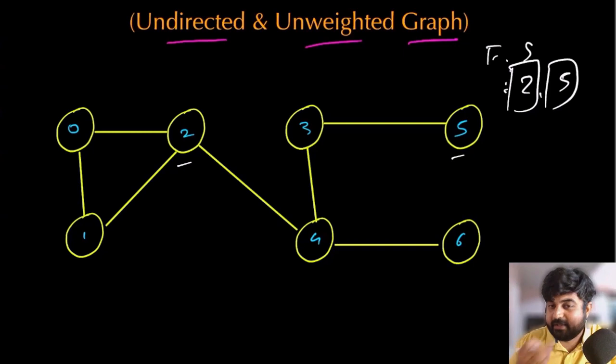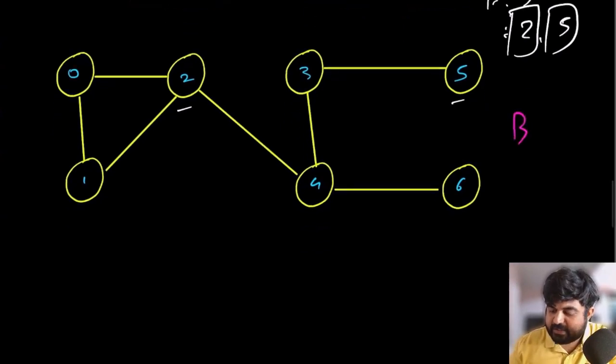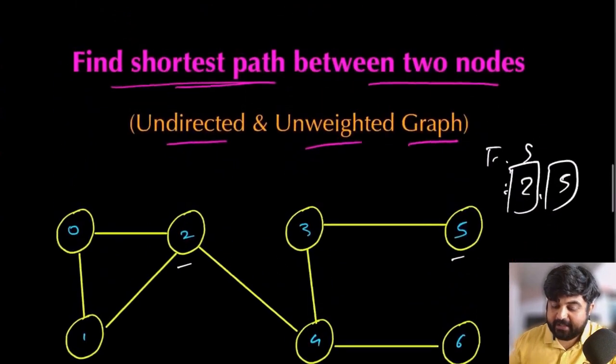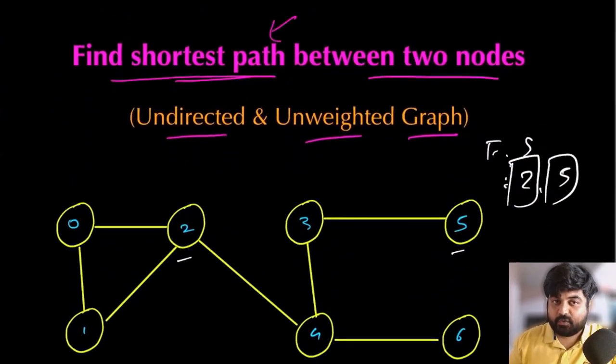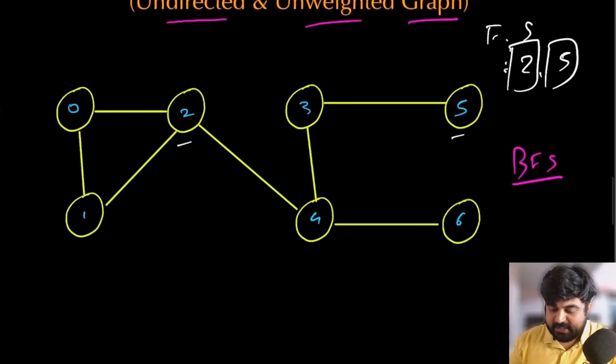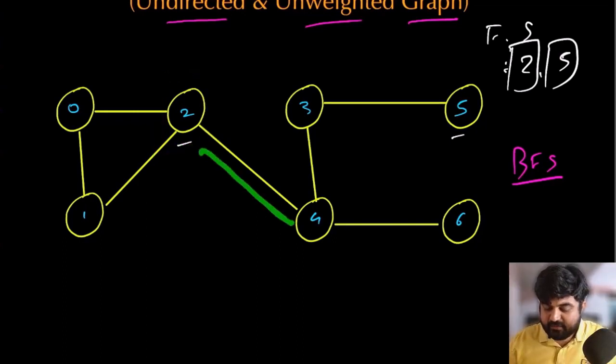The quickest way to do it is that we already know that breadth first search is a great way to find the distance, to iterate over the given graph. Also, breadth first search can be a great way to find the path between any two nodes. How it is able to achieve it is that we are going to start iterating from 2, and we will try to see whether we can go in any direction that leads us to the value 5.